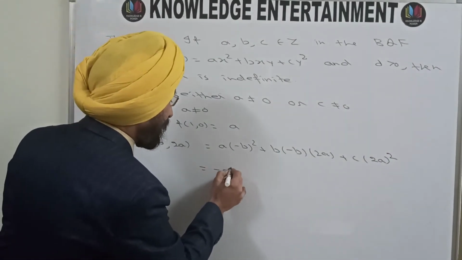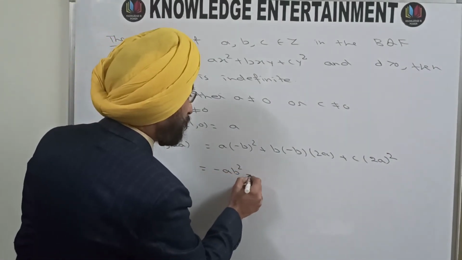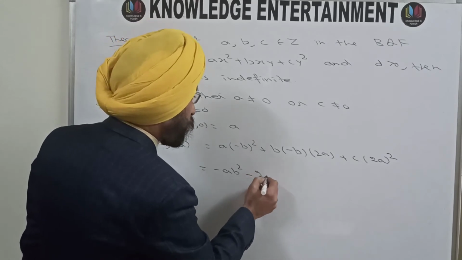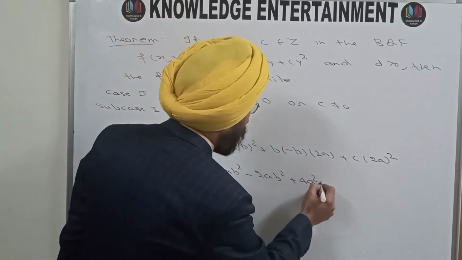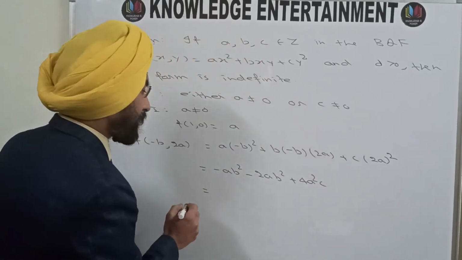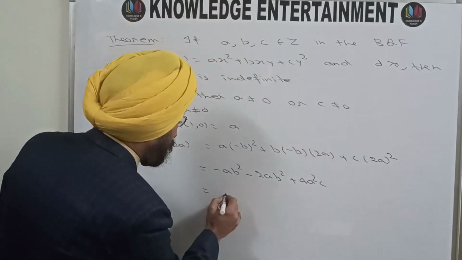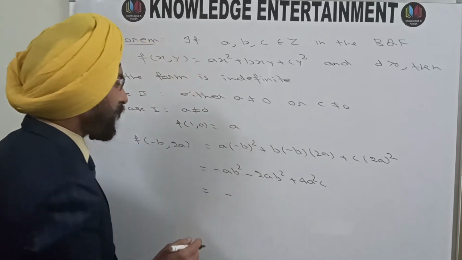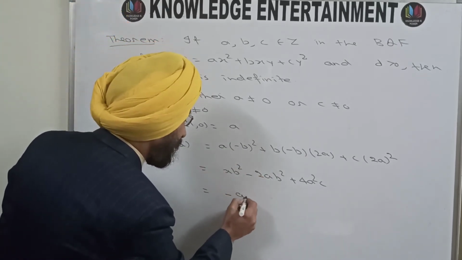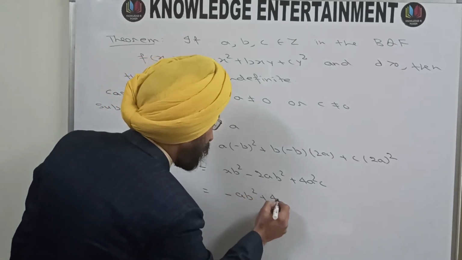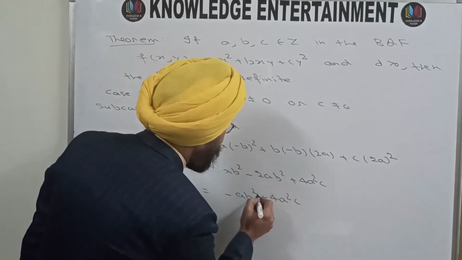It is minus ab square minus 2ab square plus 4a square c. That means you will get, sorry, this is positive, so it is minus ab square plus 4a square c.